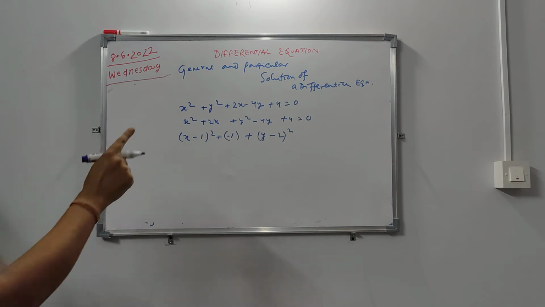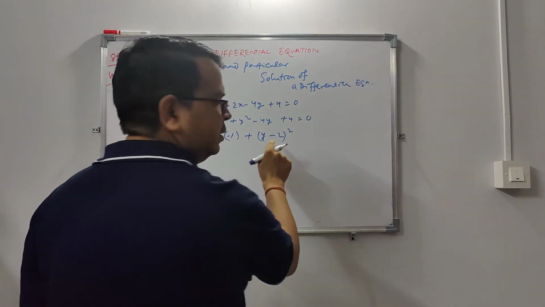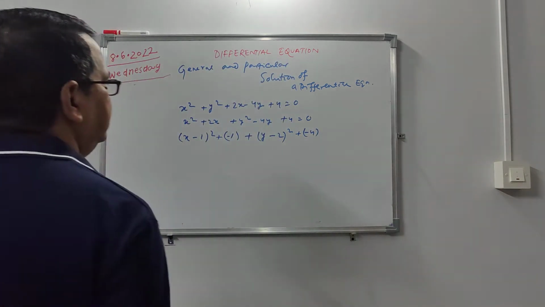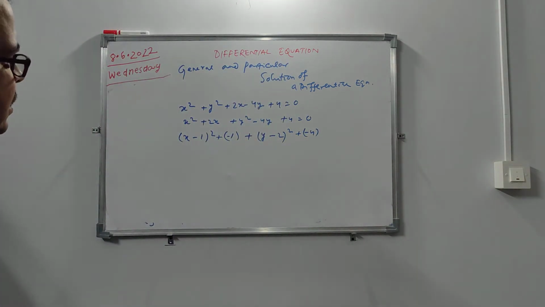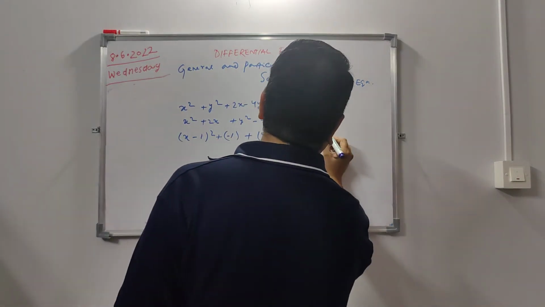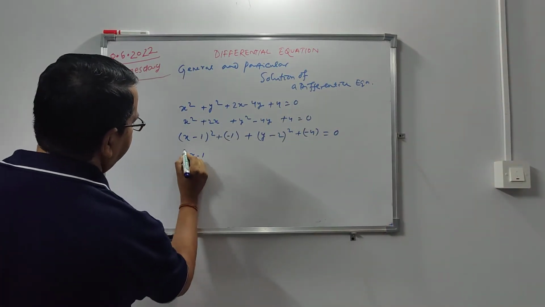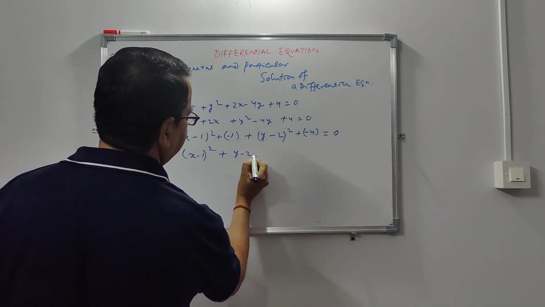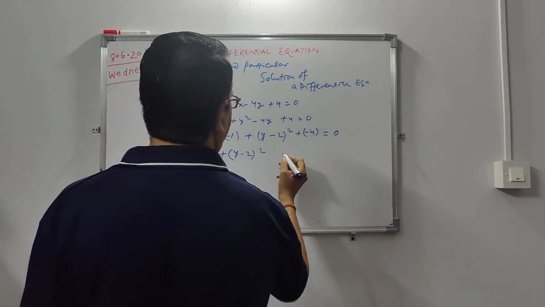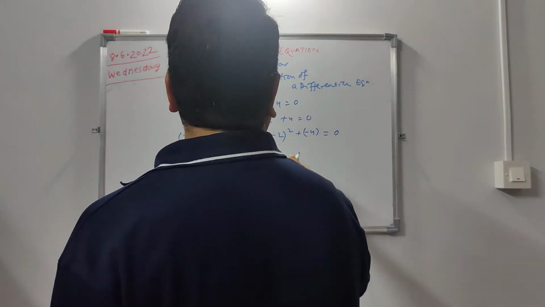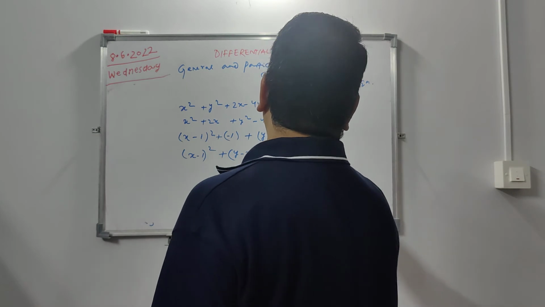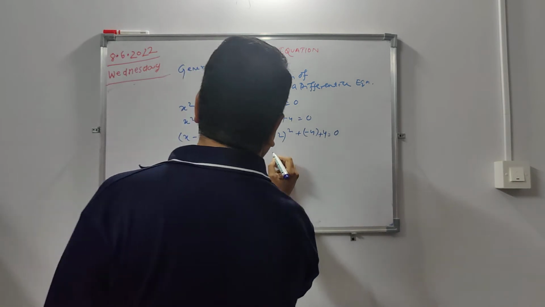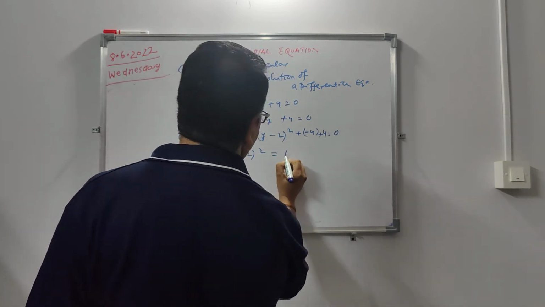Now I have additionally added 4 here, so I have to subtract 4 from here. Then this is equal to 0. Writing it in the form of the equation of a circle, x minus 1 whole square plus y minus 2 whole square, and that 4 is also there, so that will get cancelled. This 1 will go to that side, is equal to 1.